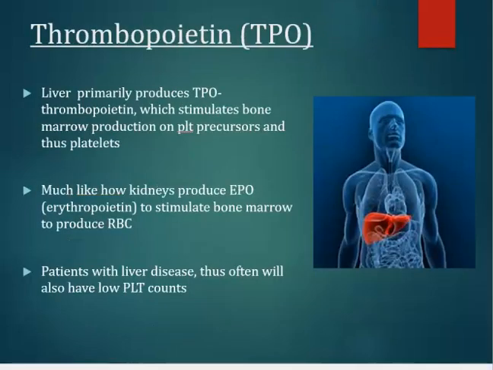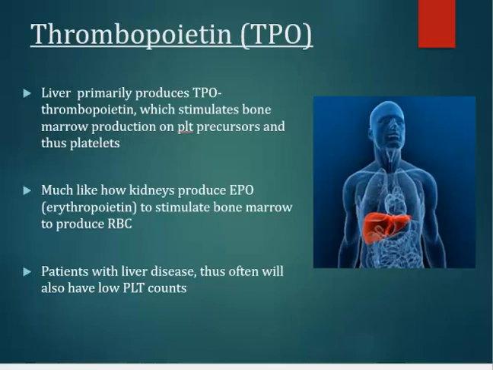So we have something in the body called thrombopoietin, or TPO. The liver produces TPO, which stimulates the bone marrow to produce our platelets, or platelet precursors.